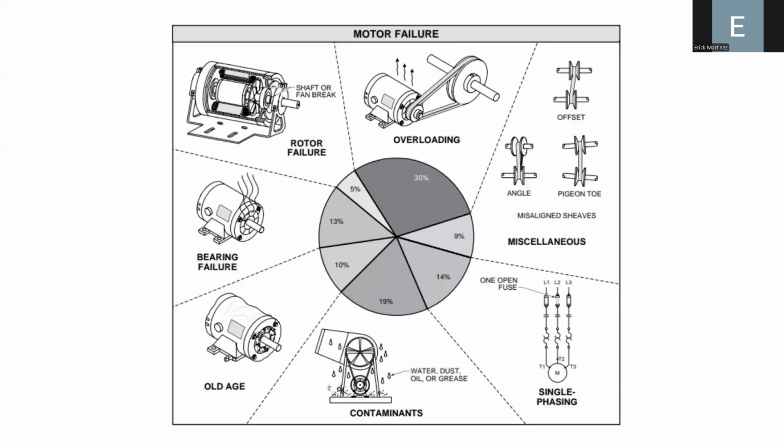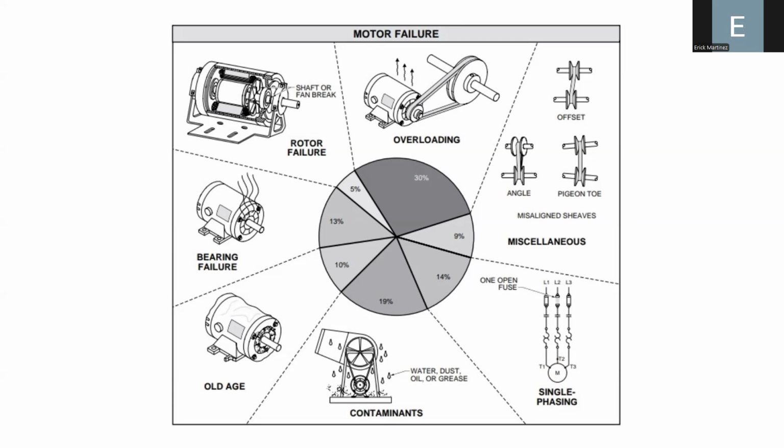Here in this table, I placed a distribution of some of the causes of fault of electric motors. For example, you can have rotor failure, bearing failure, old age, contaminants, single phasing, or an open fuse in the electric motor.